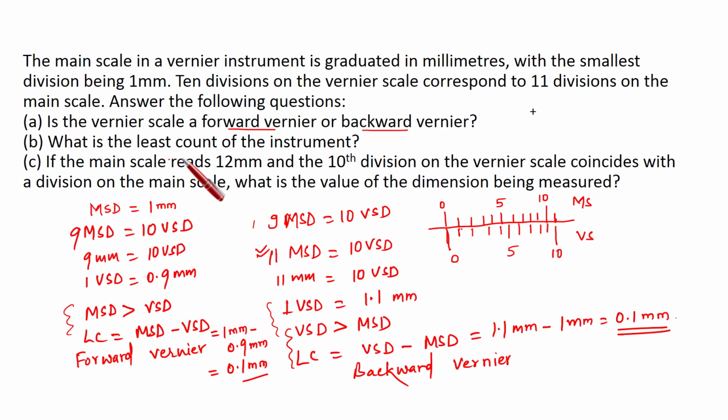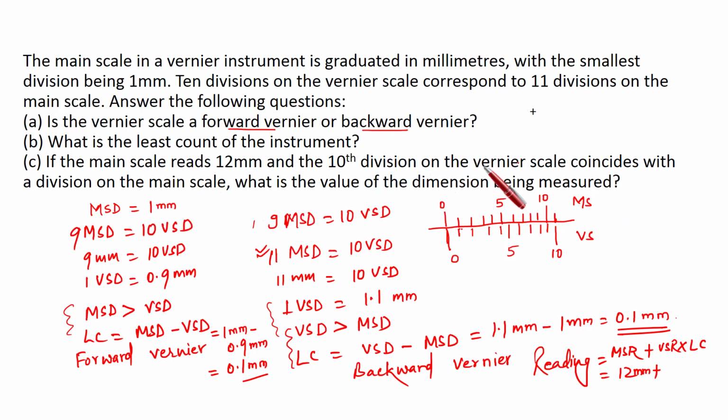Clear? Now, if the main scale reads 12 mm, now we are going to find the reading. So reading is equal to main scale reading plus vernier scale reading into least count. So main scale reading is 12 mm plus the 10th division on the vernier scale coincides with a division on the main scale.